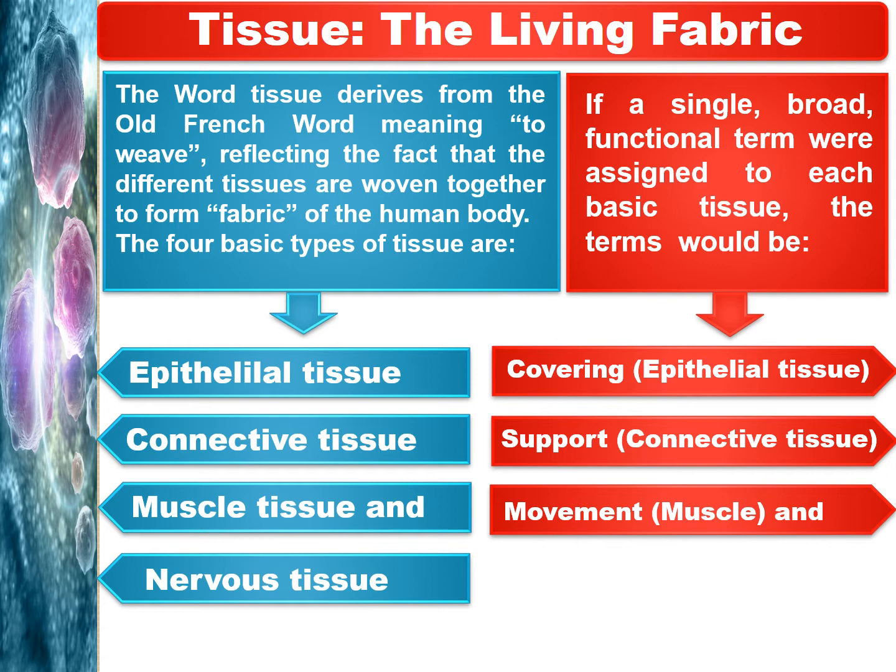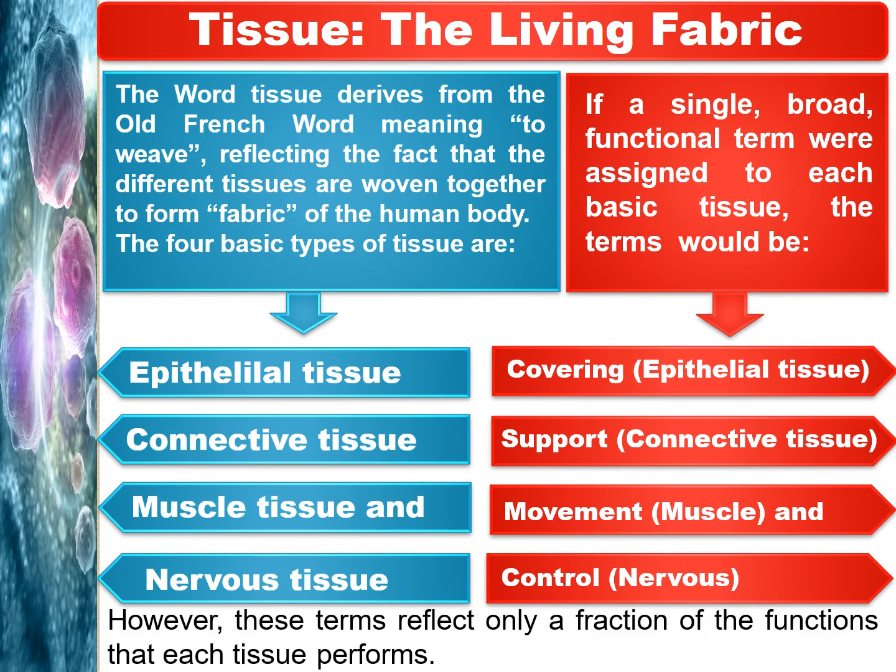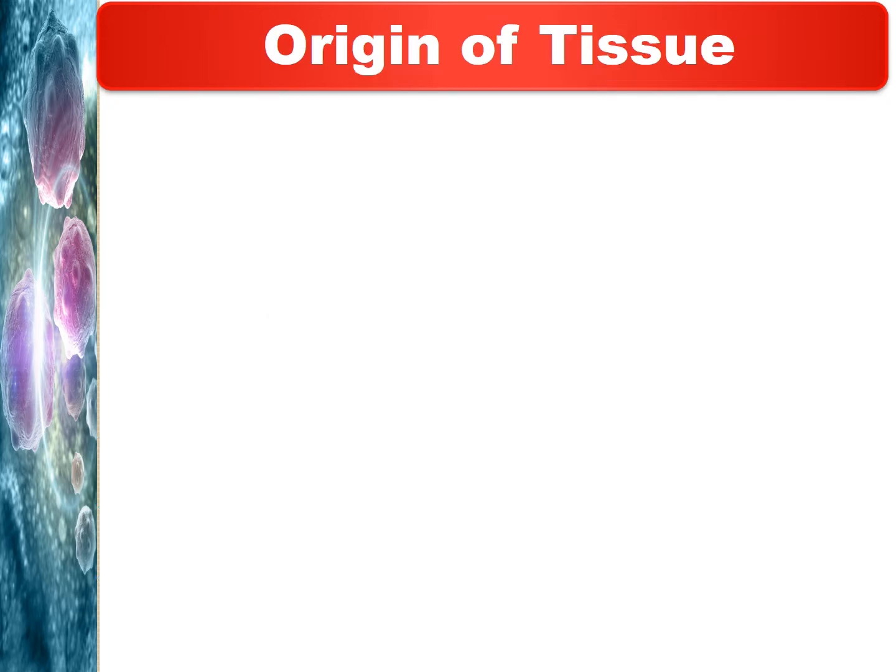The tissues which help the movement of the body or the organs are called the muscle tissues. And the tissues responsible for control and coordination are considered nervous tissue. However, these terms reflect only a fraction of the functions that each tissue performs. Later we will discuss the same in detail.